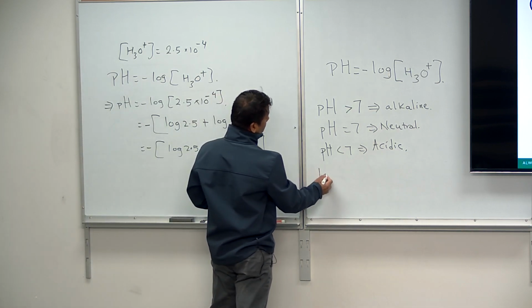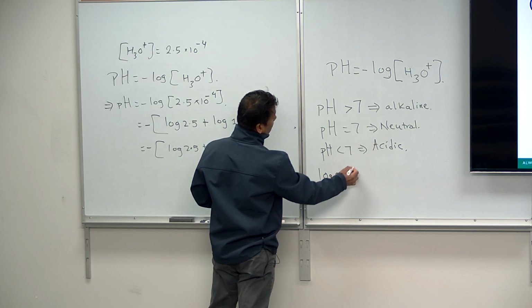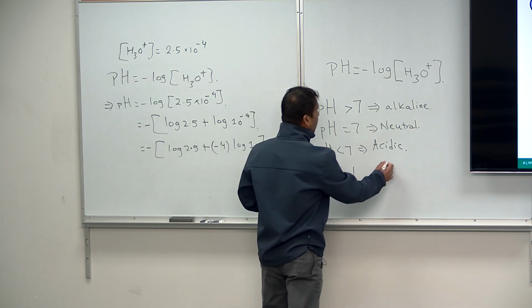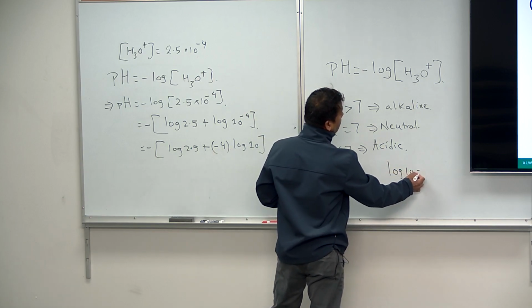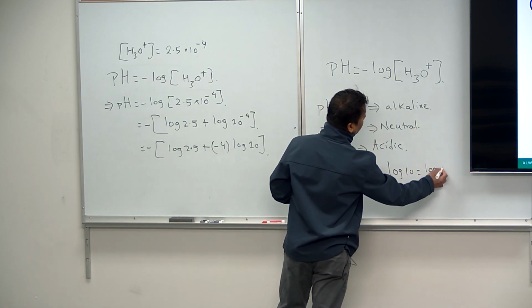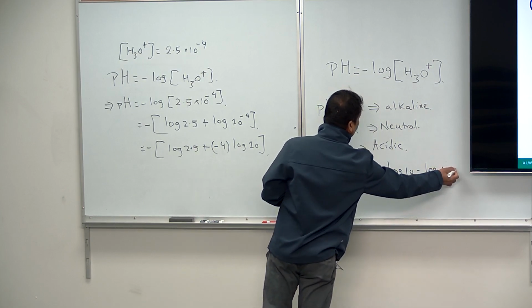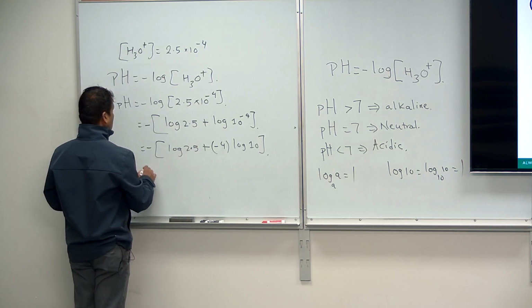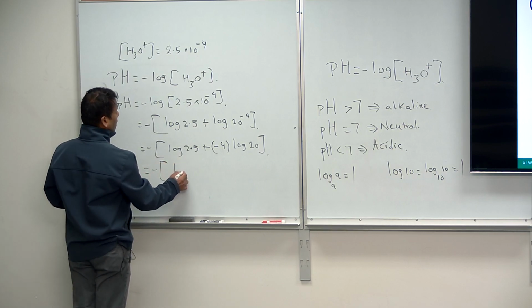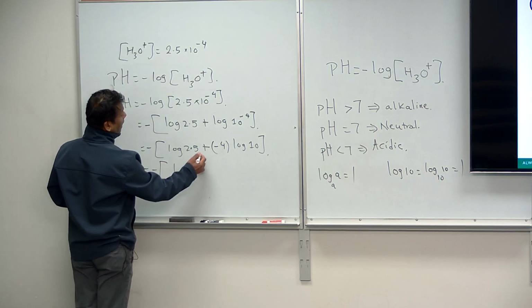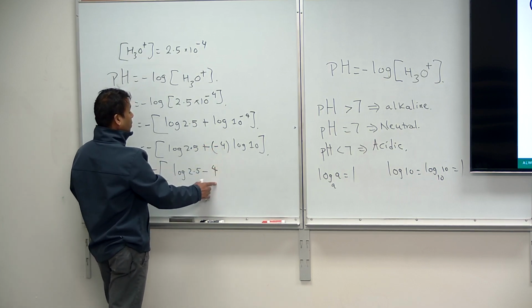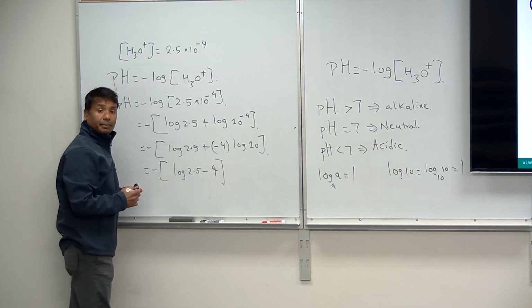Remember, log with base a of a equal to what? 1. And this log 10 is the same as log with base 10 of 10. So this is equal to 1. Or you can use a calculator, guys, okay? So now this is negative logarithm of 2.5 and minus 4, right? Because log 10 is 1, negative 4 times 1 is this. Make sense, guys?